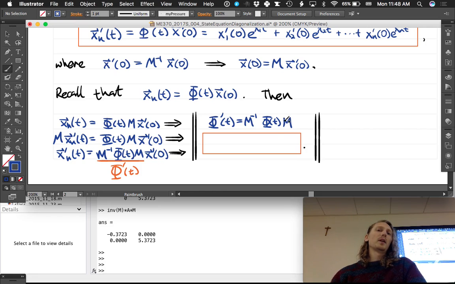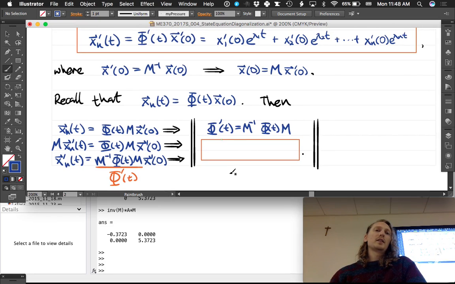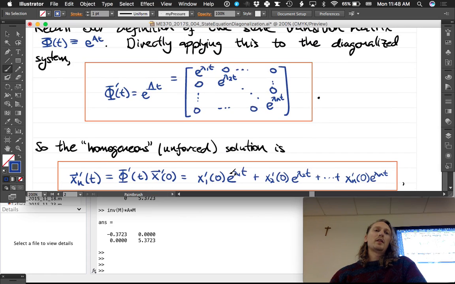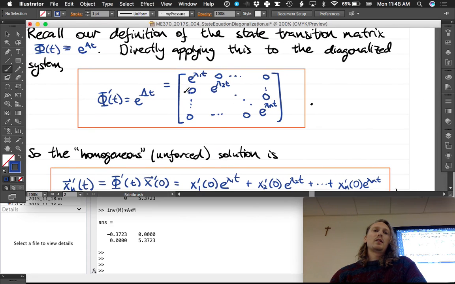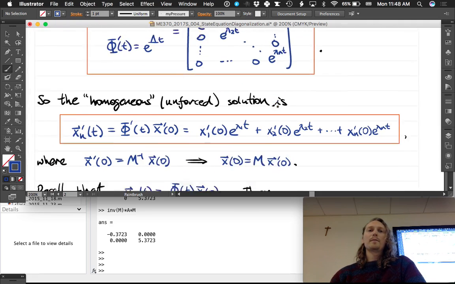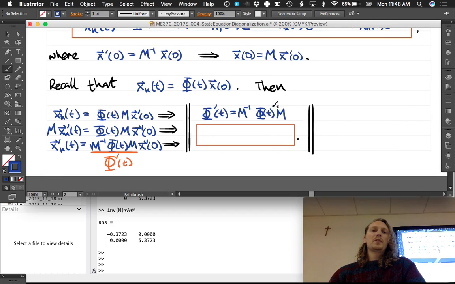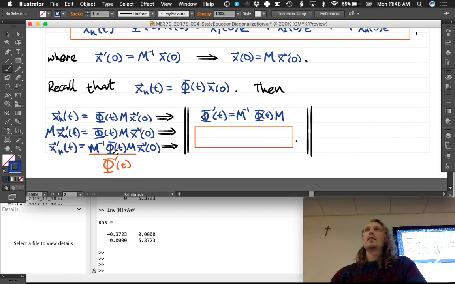I mean, I just defined phi prime to be this, but in fact, phi prime was right here. I mean, this was phi prime that we've been working with, right? But we just related it to the original phi, which is what we needed. We wanted to know the relationship between phi and phi prime, and here's what it is.